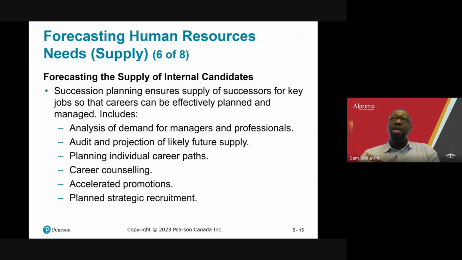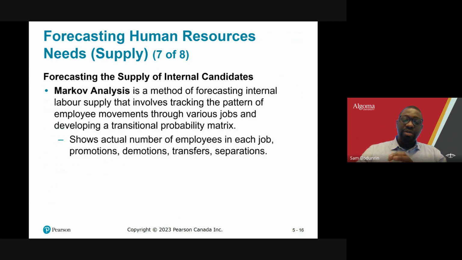Okay, I'll be an accountant, I'll be a vice president of finance, so you know your path. Then they also create career planning. It can come from coaching, mentoring, and counseling, accelerated promotions, and also planned strategic recruitments.